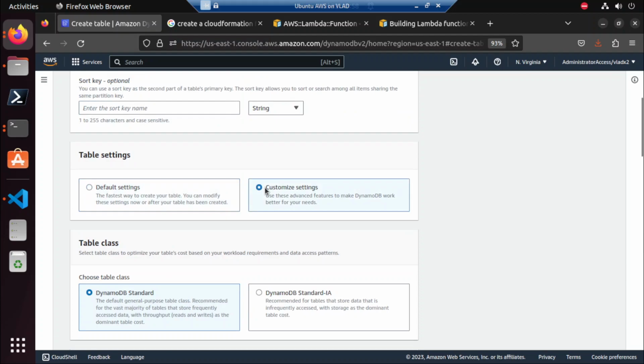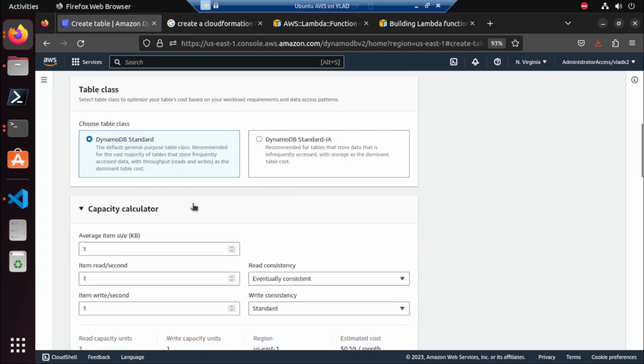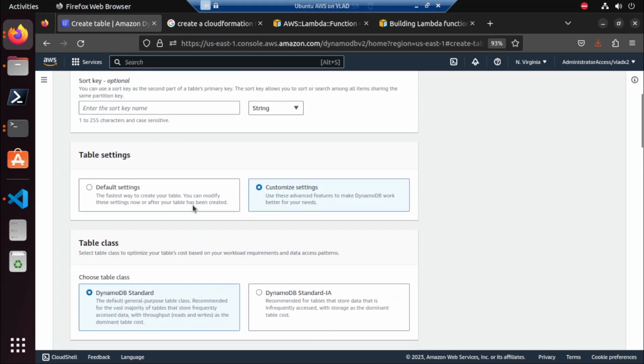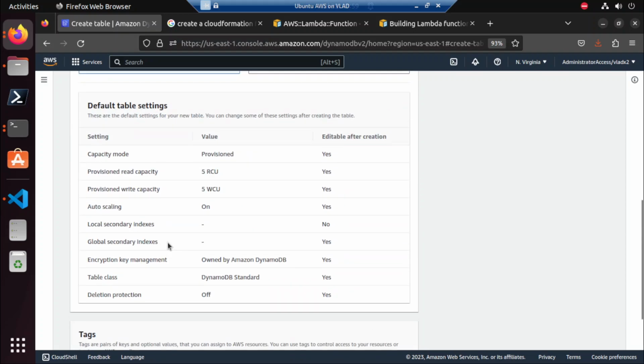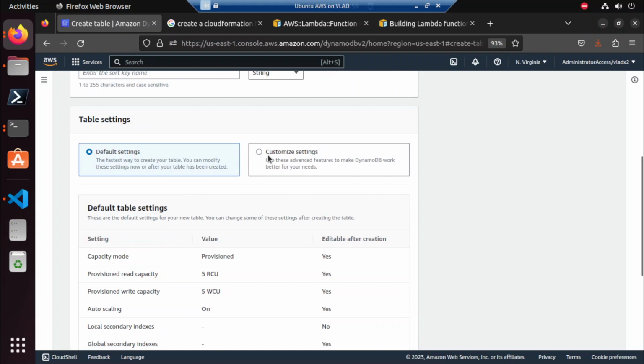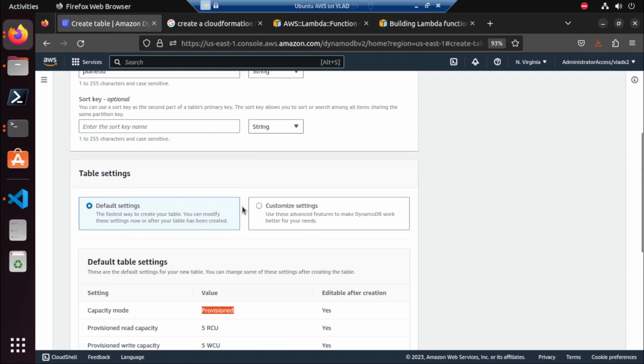What if you select this? What will happen? Okay, so you can go for DynamoDB standard or go for infrequent access. There's a capacity calculator. For the default settings, there's no capacity calculator.